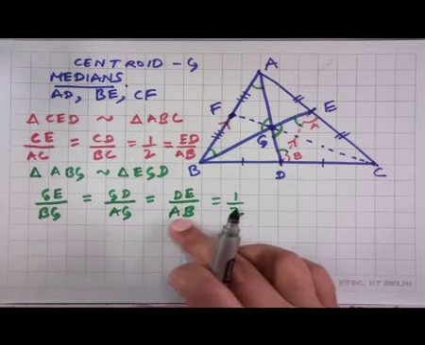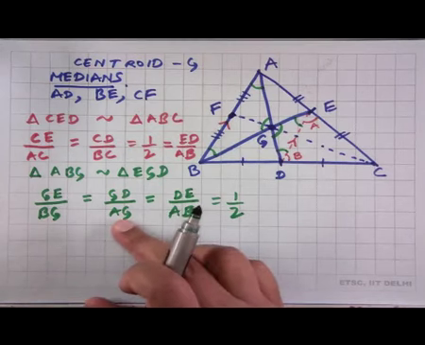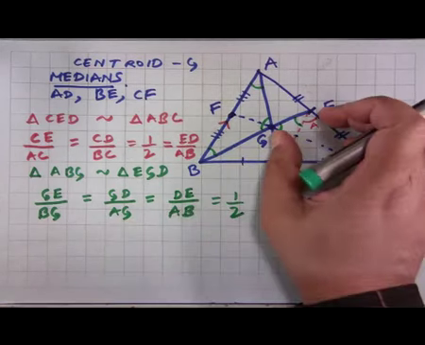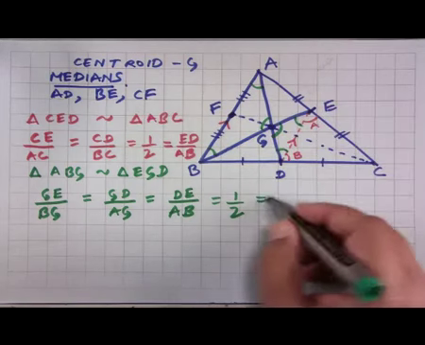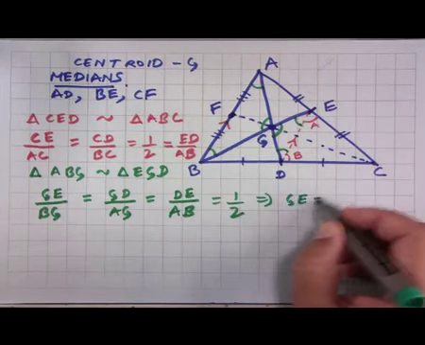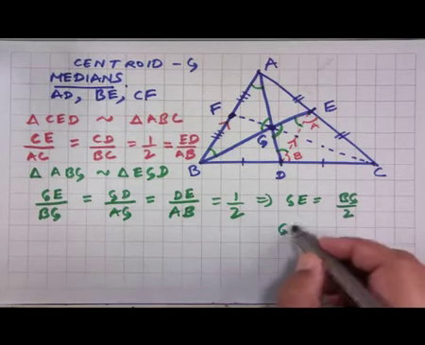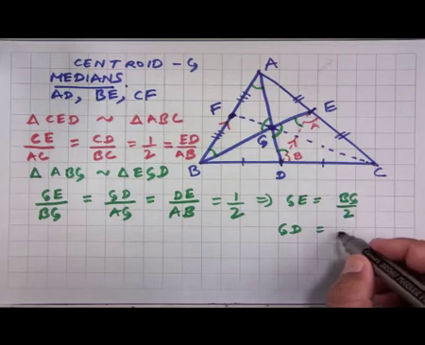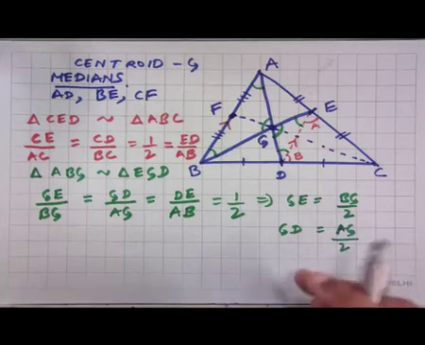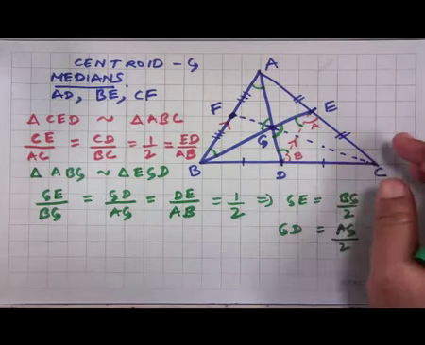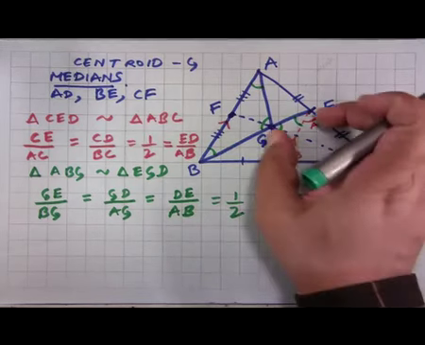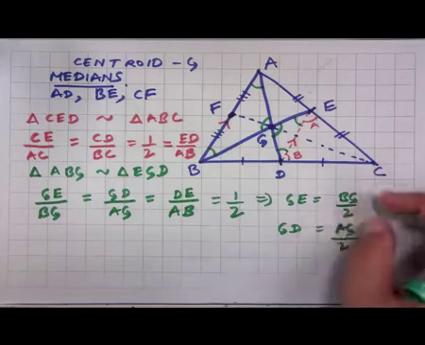And because this ratio is equal to these two other ratios, it follows that GE is equal to half of BG, and also that GD is equal to half of AG. So, geometrically that can be visualized as GE being half of BG.